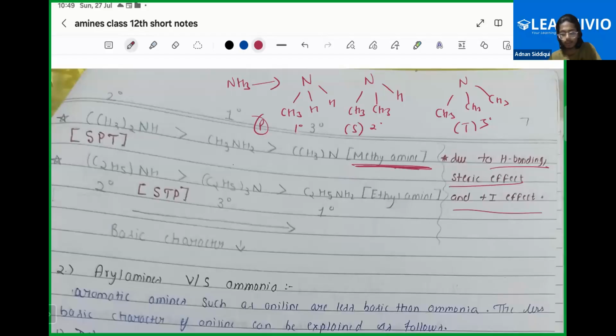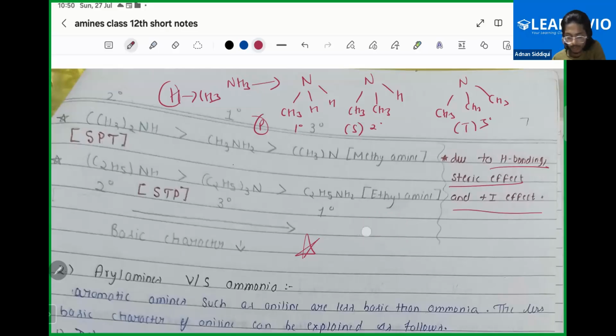Is it making sense? They are going to ask you this question in your exam. What is the difference between the first one and the second one? See, in the first one, we are replacing our hydrogen with a methyl group. But in the second one, we are replacing it with ethyl.